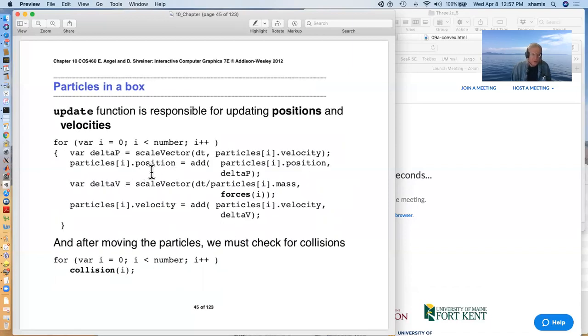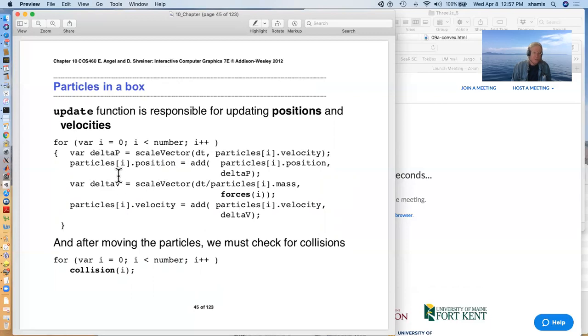This is our numerical method, incidentally. We have delta P is the velocity that we're scaling a vector particle velocity by dt. We add that to the particle position. We scale the forces by the particle mass, dt over particle mass, and we add that to the velocity.